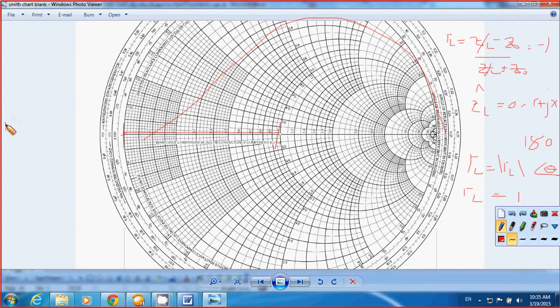Or your tau L becomes 1 times exponential j pi, or 180 degrees, and this gives you cosine pi plus j sine pi, right?